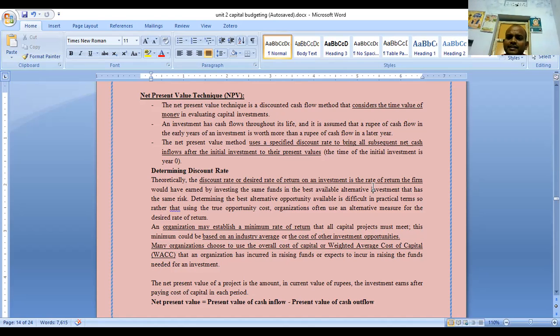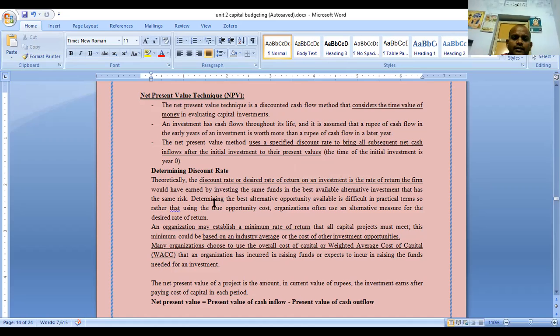So the best return is 5%. If you deposit, you will get 5%. What is the use of doing business? Right? So if you invest the same funds in the best alternative, whatever return you are earning, that is the rate of return of the firm.